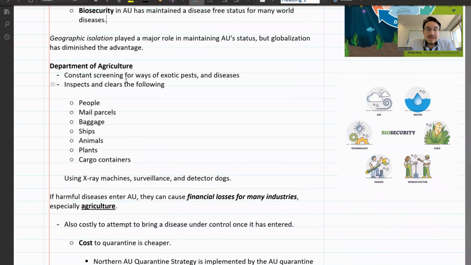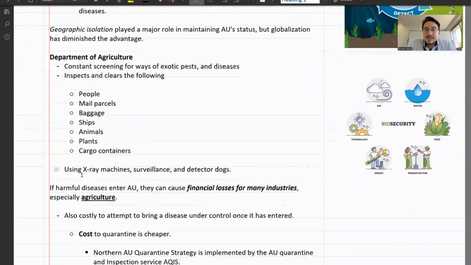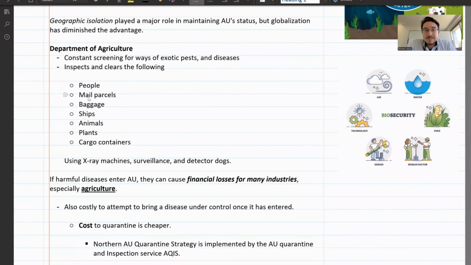Especially when you're bringing in foreign species, right? Exotic pests and diseases are always looked at when you're bringing essentially anything into the country. People, parcels, mail, packages, baggage, ships containing those big material containers, right?